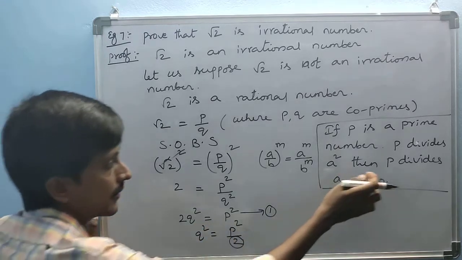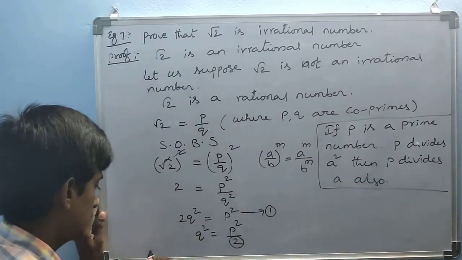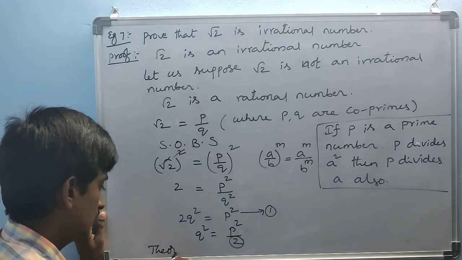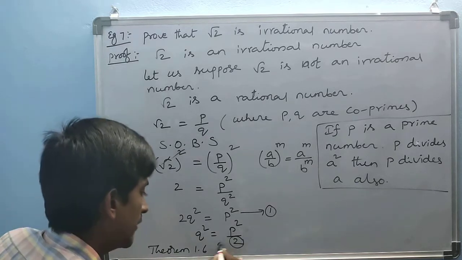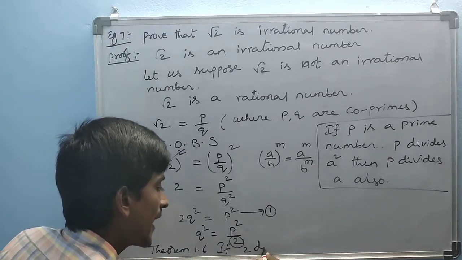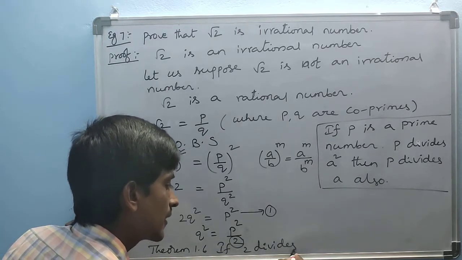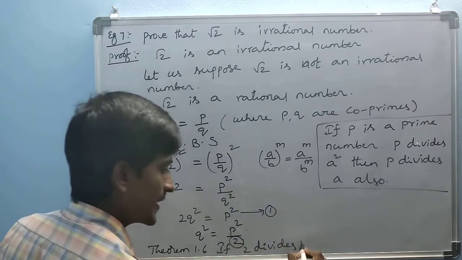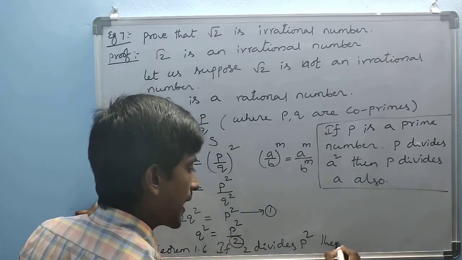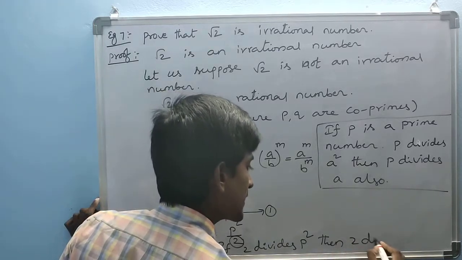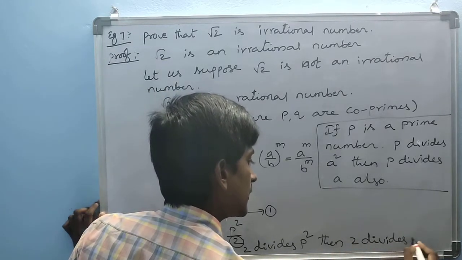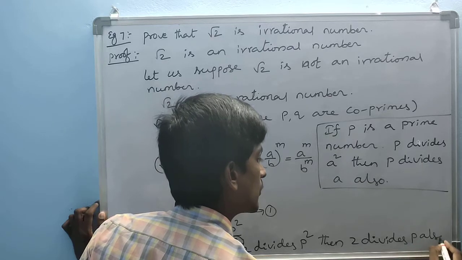Okay, according to theorem 1.6, if 2 divides p square, then 2 divides p also.